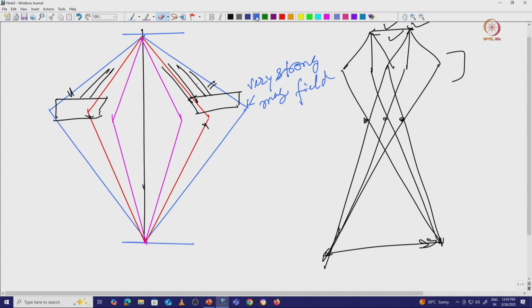In this particular case only that blue electron can go through. Here also you can see there are blue rays which can come to this particular point and give us an image.